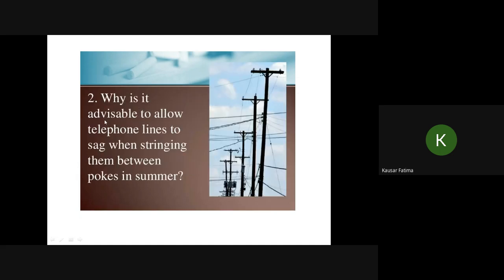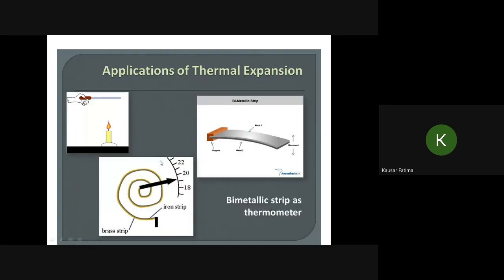Why is it advisable to allow telephone lines to sag when stringing them between the poles in summer? Sagging is allowed so that when they contract in winter, they will be of proper size. Now, applications of thermal expansion in solids.